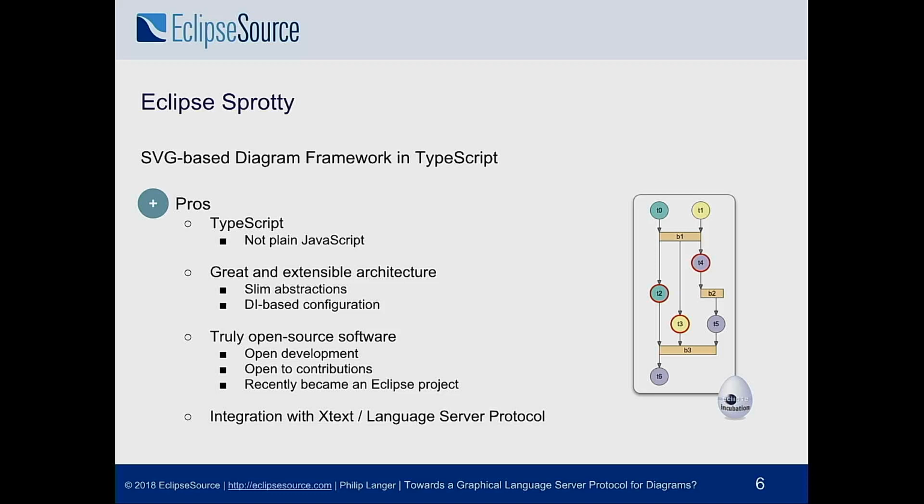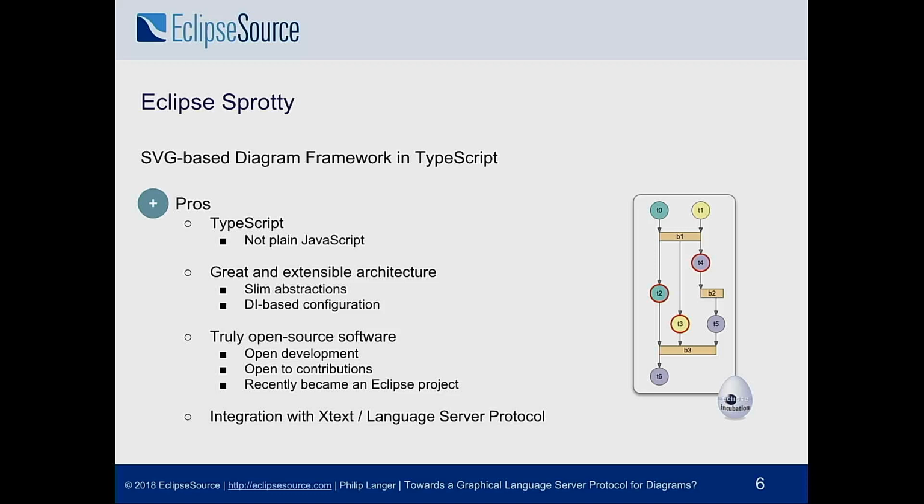But there are many undoubted advantages, like a really great and extensible architecture. For instance, it uses dependency injection to be configured, so it's very easy to change or extend things. It has very slim abstractions, so you don't need to understand a deep hierarchy of layers to change things.